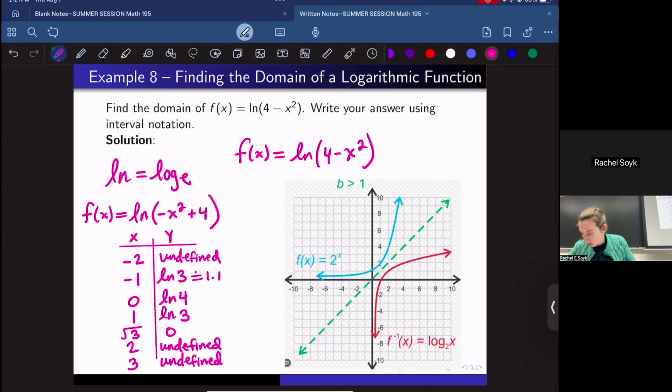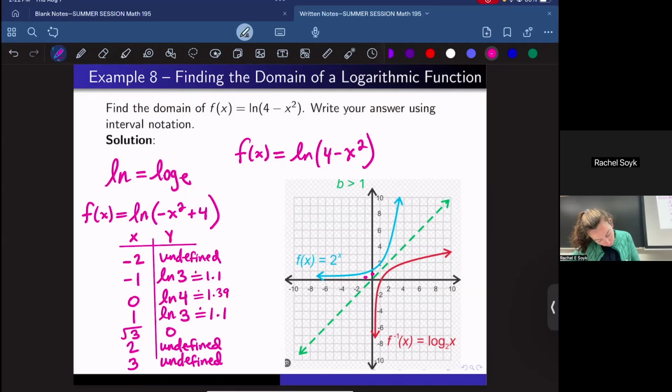And then the natural log of 4 is about 1.39. Okay. So -1, comma 1.1. 0, comma 1.39.